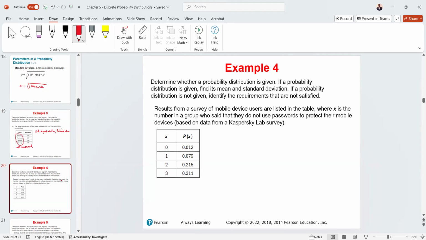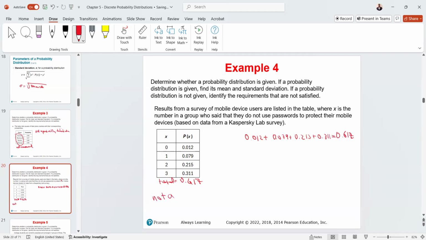Now let's add them all together: 0.12 plus 0.079 plus 0.213 plus 0.311. The total is 0.617.